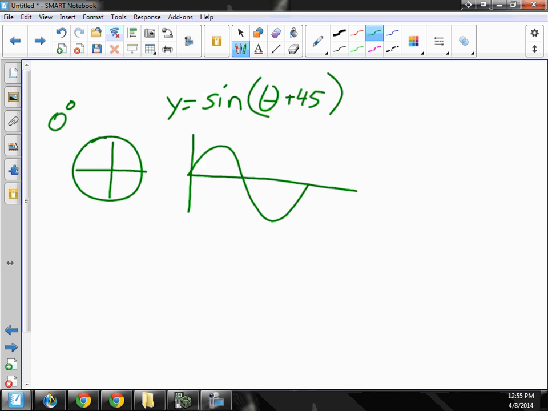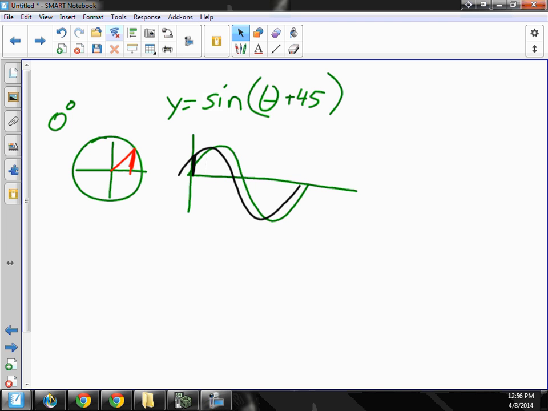But in the amended function, if I start at 0, I'm actually going to start at 45 degrees. So if my first point is right here, then if I take this graph, there's the 45-degree mark. Which way do I have to slide the curve in order to bring that 45-degree mark over to 0? To the left.